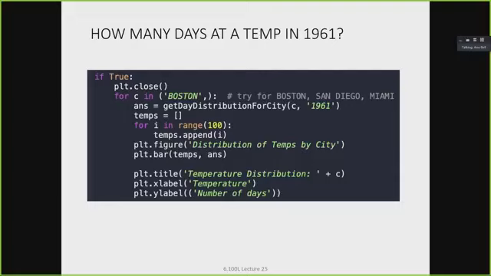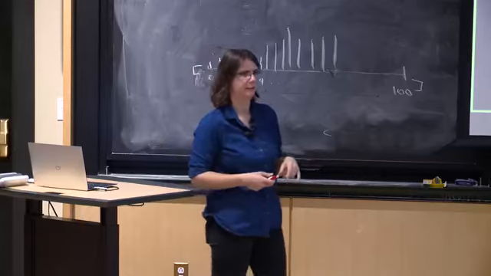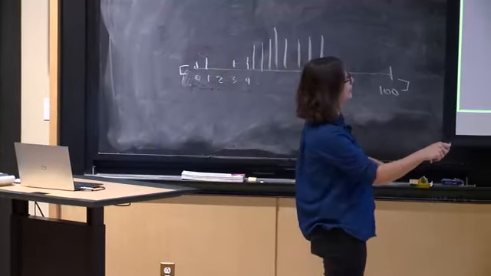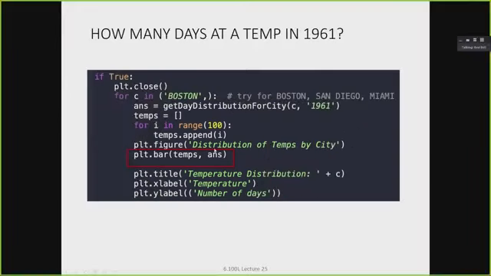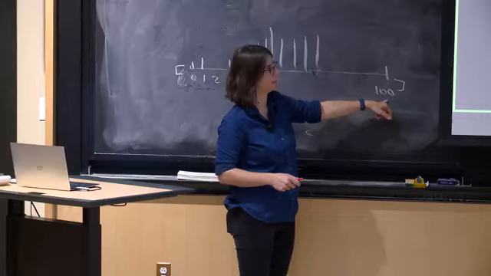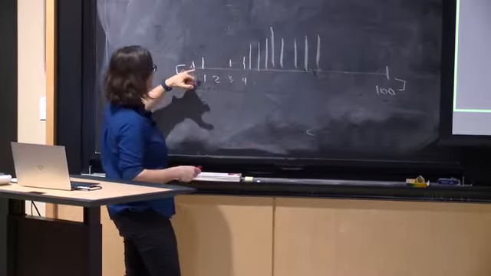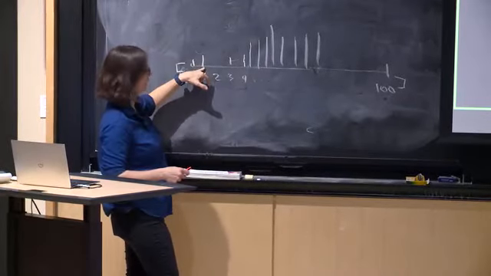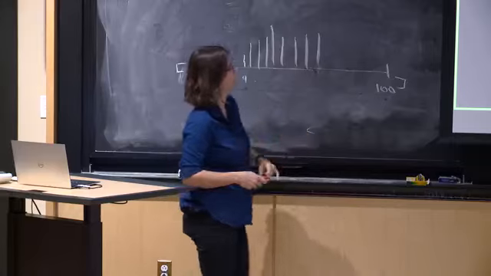Okay, and then we can plot it, and we're not going to plot a regular plot because we don't want these connected. We're not going to do a histogram because we made our own histogram here. Instead, we're going to do a bar plot. The bar plot takes in my x-axis and my y-axis, the x-axis being this list 0 through 100, corresponding to temperatures, and the y-axis being the count of how many days had each one of those temperatures.